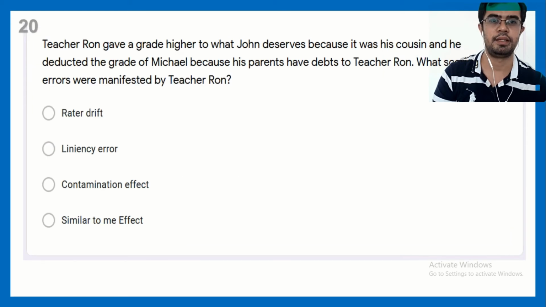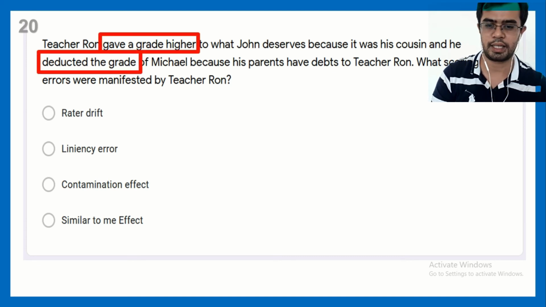Number 20, Teacher Ron gave a grade higher to what John deserves because it was his cousin, and he deducted the grade of Michael because his parents have debts to Teacher Ron. What scoring errors were manifested by Teacher Ron? Again, our keywords are gave a grade higher and deducted the grade. Now let us define our options.